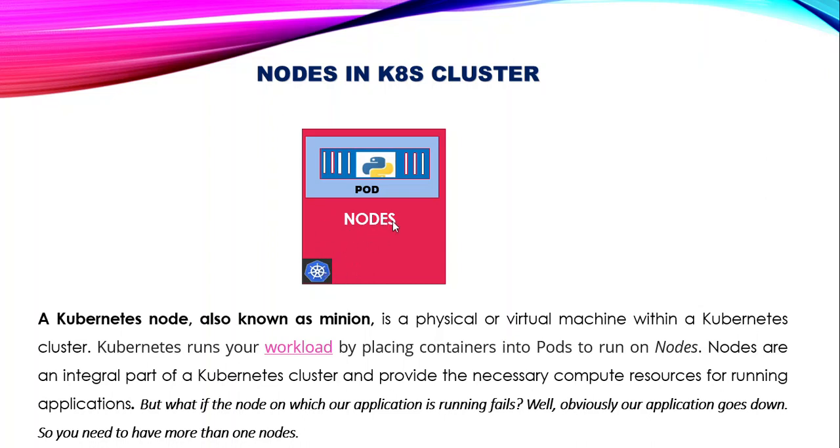The node is the physical or virtual machine that helps to run your workload. In the node, you then have pods and containers, which I will explain in a moment. Just note that in your Kubernetes cluster, a node is just a physical or virtual machine that helps to run your workload.